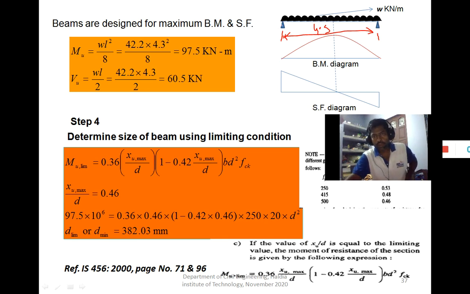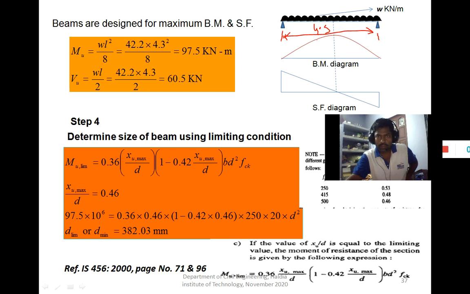As it is simply supported, the ends are hinged or pinned, and a pin or hinge support has no ability to resist moment. That's why the moment is zero at the support and maximum at mid span.